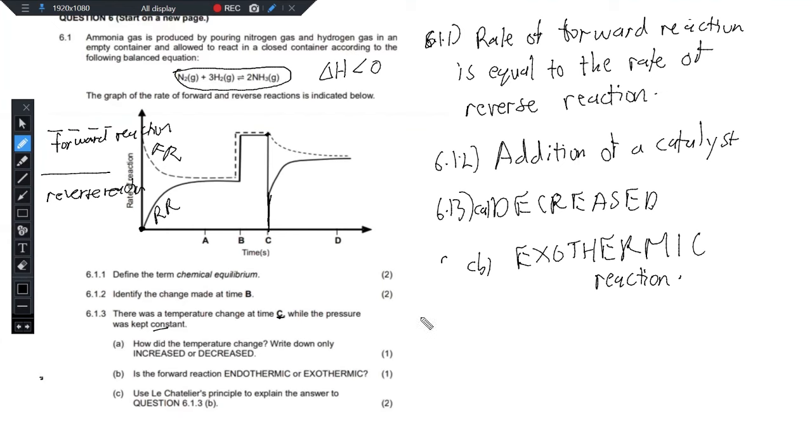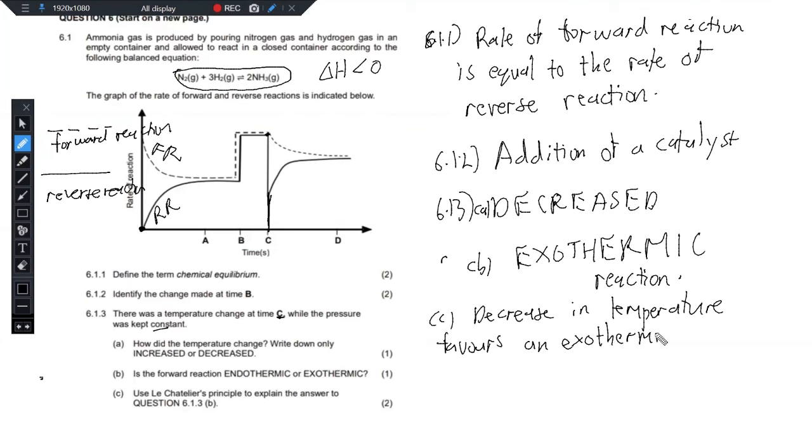In C we have a decrease; according to Le Chatelier, a decrease in temperature favors an exothermic reaction, and the forward reaction is favored. How do we say that the forward reaction is favored?